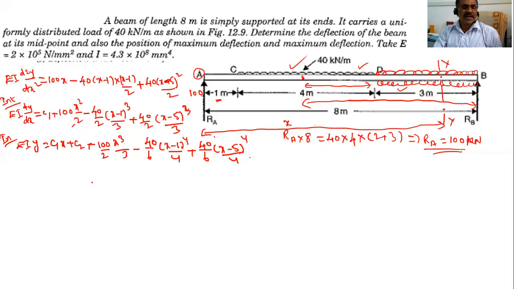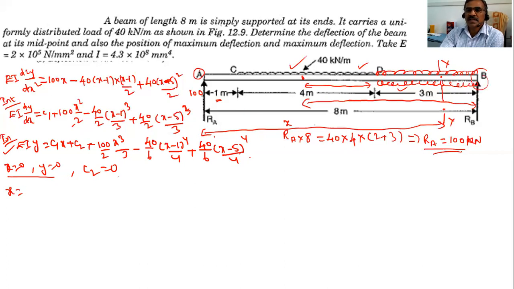So this is the equation. Now we have to substitute two boundary conditions. The first boundary condition is when x is equal to 0, y is equal to 0. Substituting this in the equation, you will get c2 is equal to 0. Another boundary condition is when x is equal to, what is the distance? This support, this is 8.